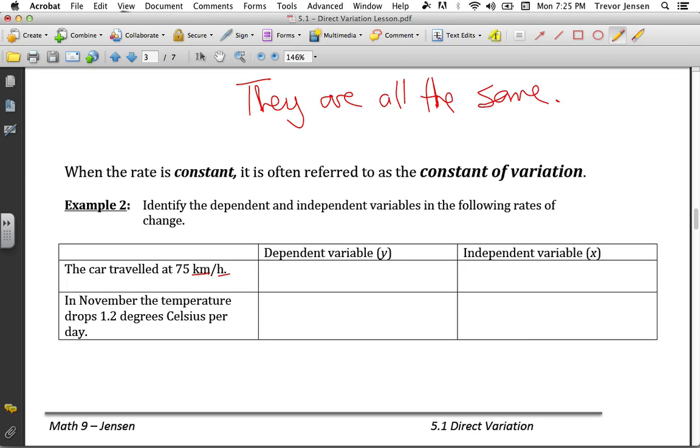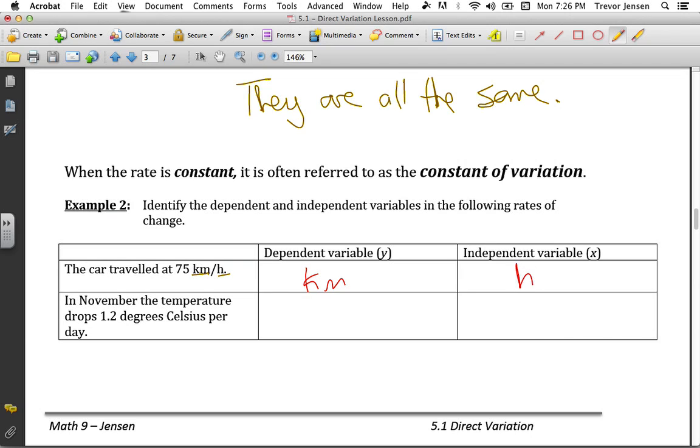So in order to figure out how far someone has driven, if you know they're traveling at 75 kilometers per hour, you need to know how long they've been driving for, because the kilometers depends on the hours. So the dependent variable is kilometers, the independent variable is hours.